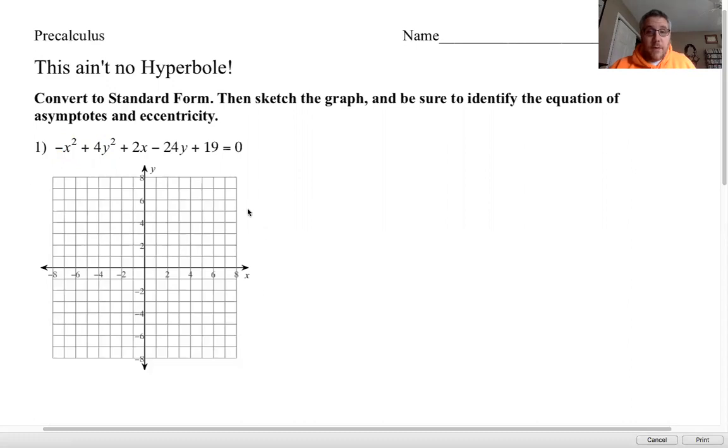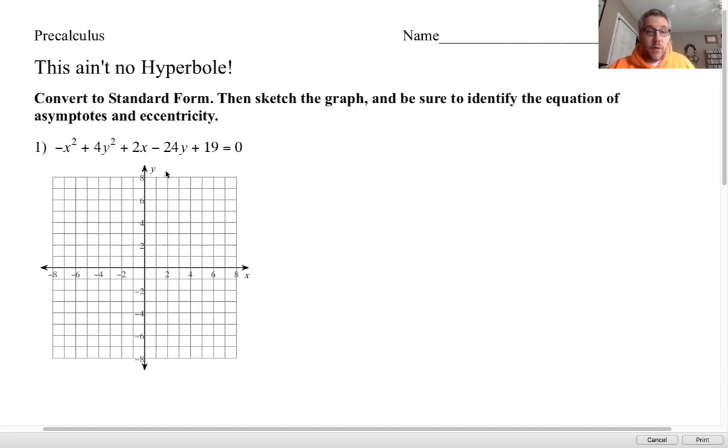All right. So the first step is to reorganize. Normally you'd start with the x stuff, but since this has the negative, that goes second. Whatever is positive, and I'm talking about your squared term, goes first. So since the y squared is positive, the y group goes first.